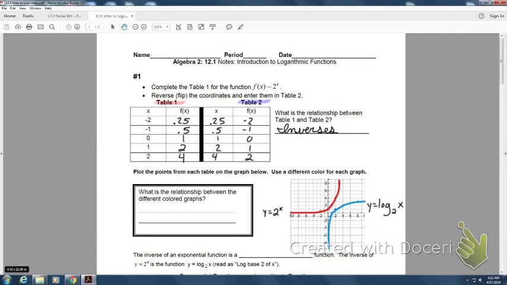So go ahead and draw that line on there. And you can see that it reflects across the y equals x line. So over here again you can put that they are inverses of each other, because they reflect over y equals x.